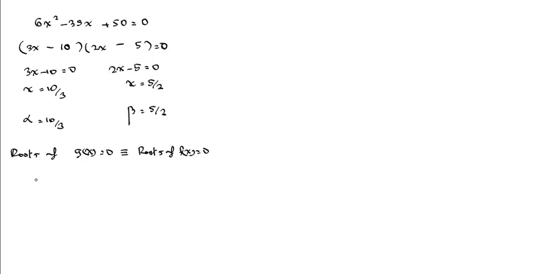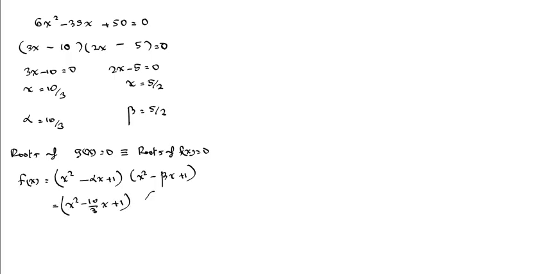Then if you consider f(x) equals 0, f(x) is going to be x to the power 2 minus alpha x plus 1, times x to the power 2 minus beta x plus 1. That is x to the power 2 minus 10 over 3 x plus 1, times x to the power 2 minus 5 over 2 x plus 1.